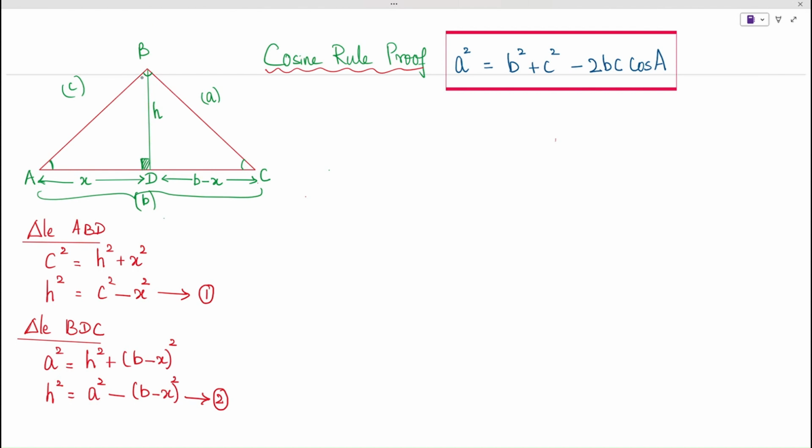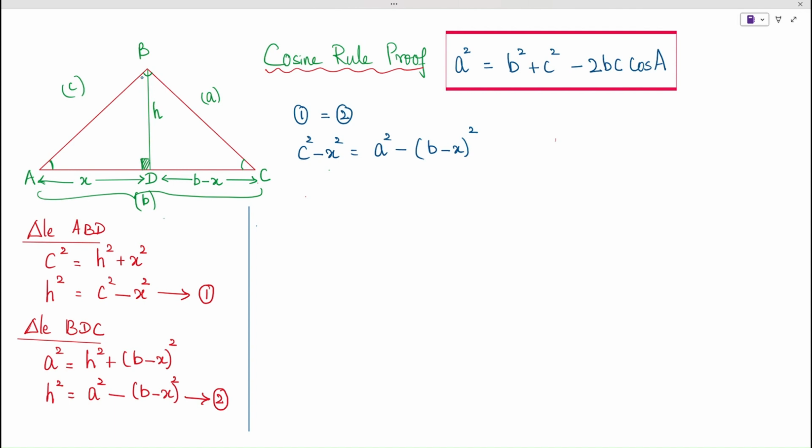So by equating 1 and 2, we get c squared minus x squared is equal to a squared minus (b minus x) the whole squared.